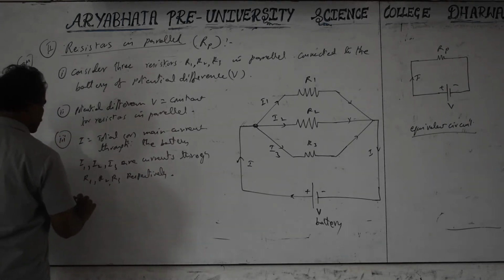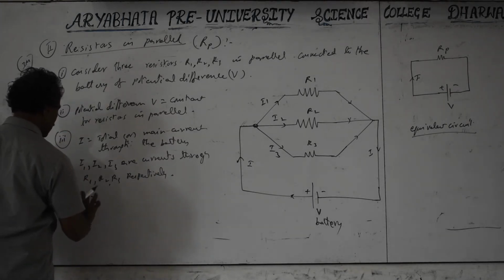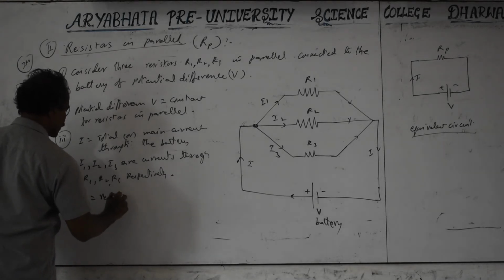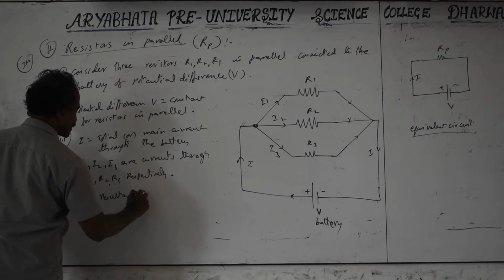And RP is the resultant resistance or equivalent resistance.